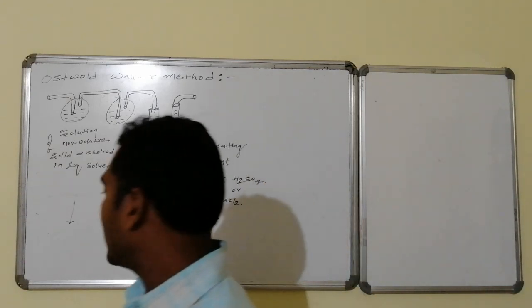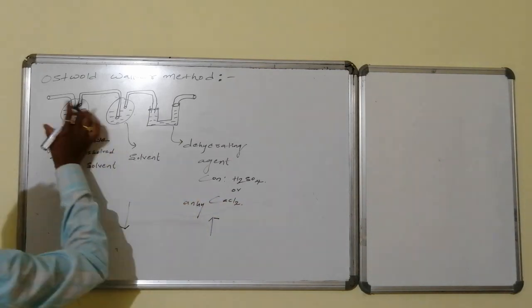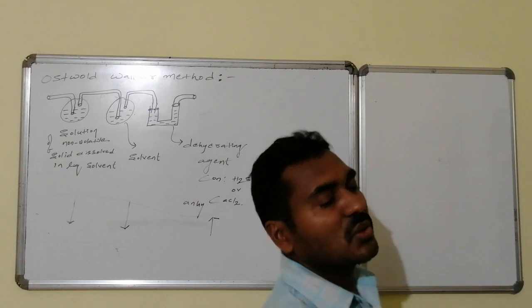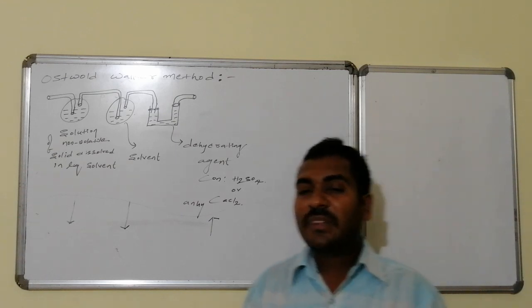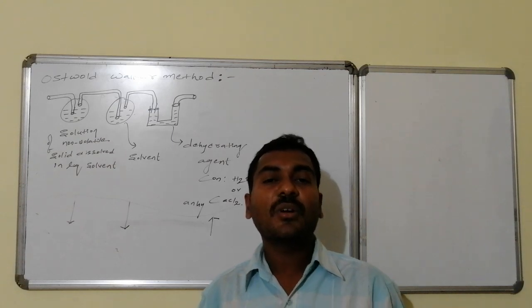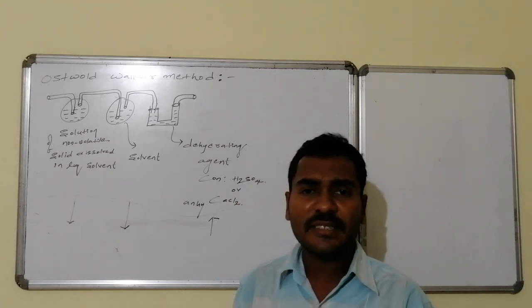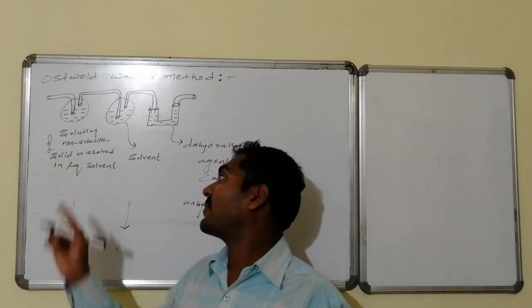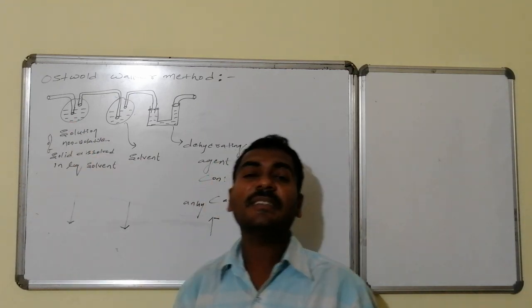Here the dry air is getting saturated with the vapor pressure of the solution, and with that partial saturation it enters into the second chamber. To become saturated it needs very little, and that little is the vapor pressure difference of the solution and the solvent.